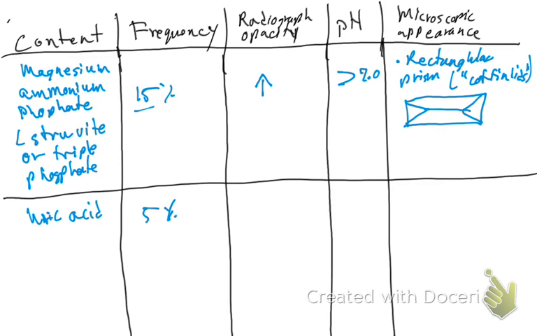We're going to say 5% of the frequency, no radiograph opacity, and the pH for uric acid is going to be less than 7. Microscopically, it's going to be yellow or red-brown diamonds or rhombus.